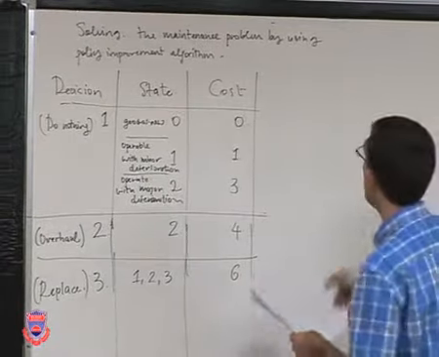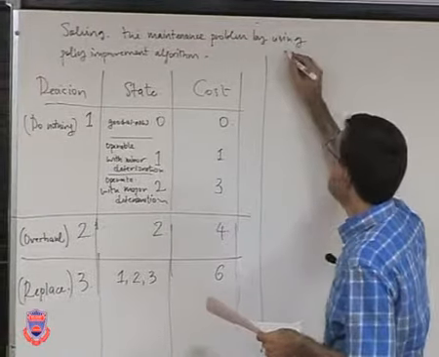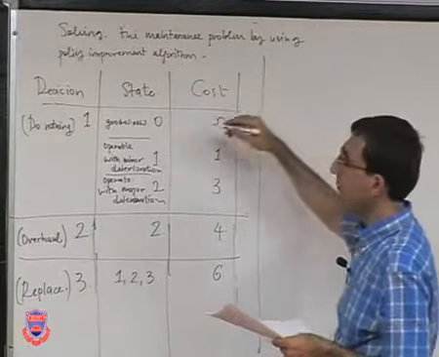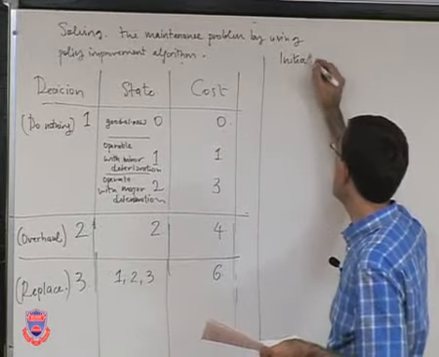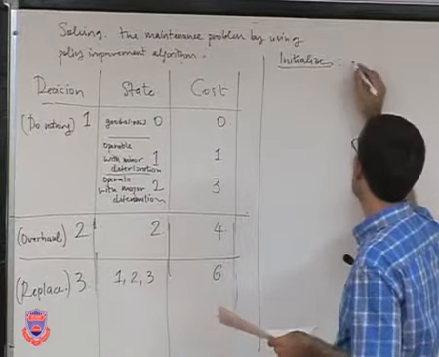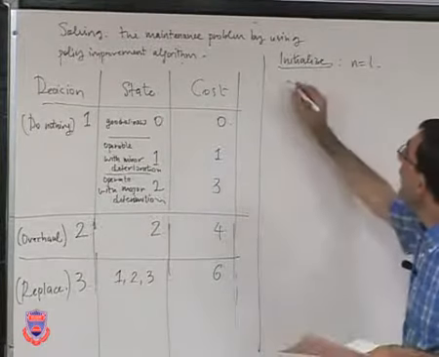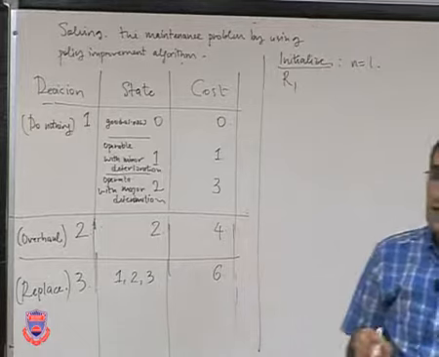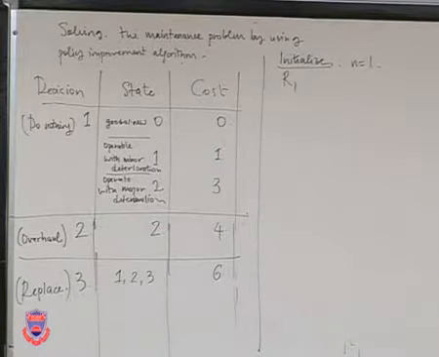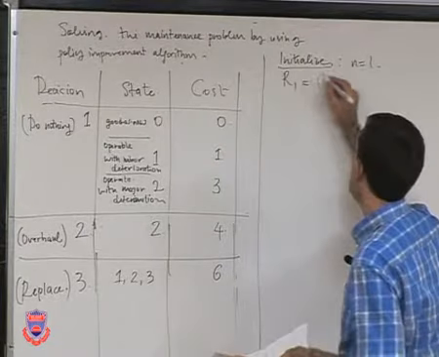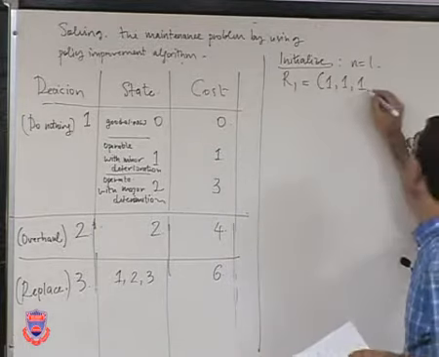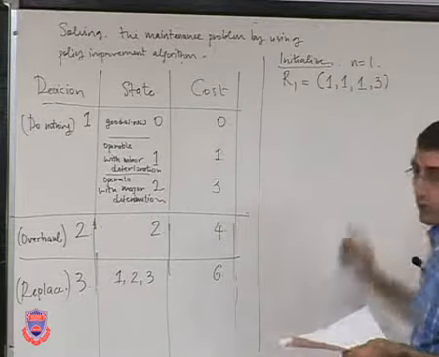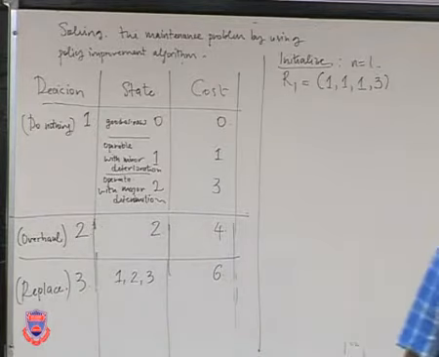So having all these cost figures, now we can use the policy improvement algorithm to solve the problem. The algorithm is over there. The first thing that we do is what? We initialize the algorithm. We set our counter to 1, and we choose arbitrarily one policy. Okay? And this can be the policy which says we do nothing in state 0, 1, or 2, but we have to replace when the machine is in state 3.